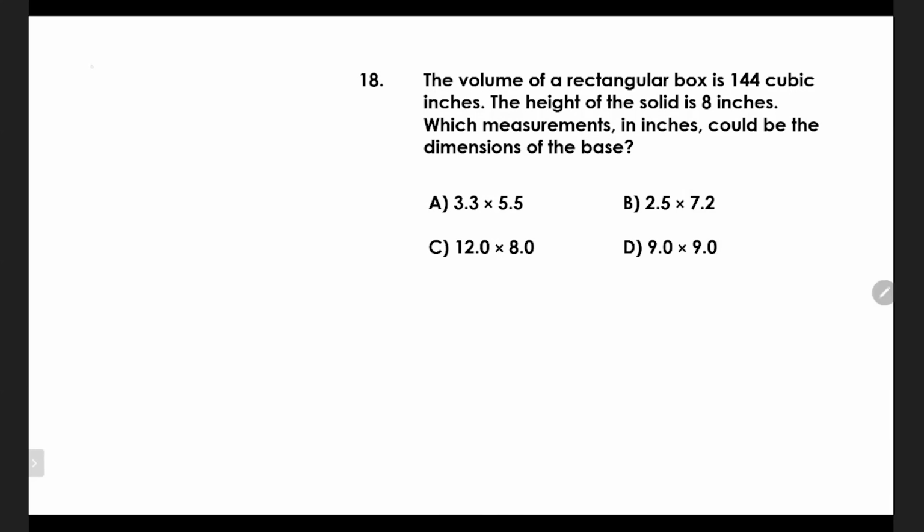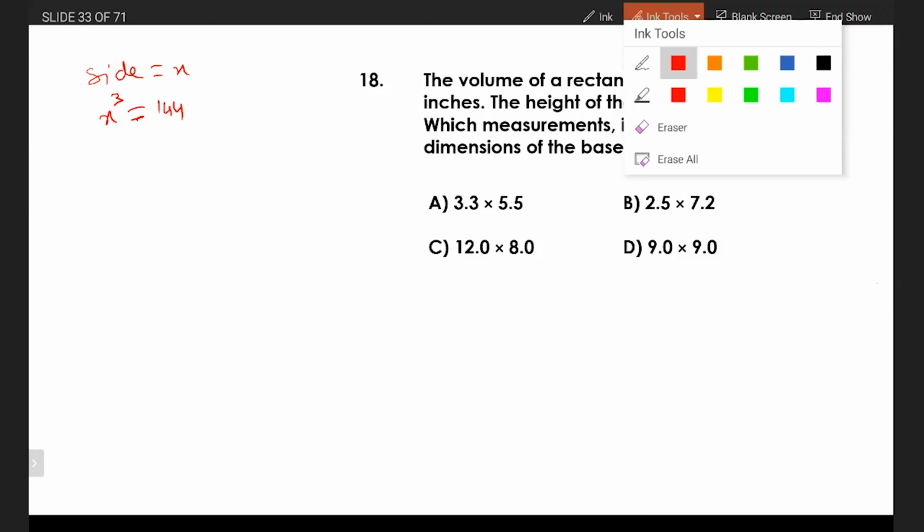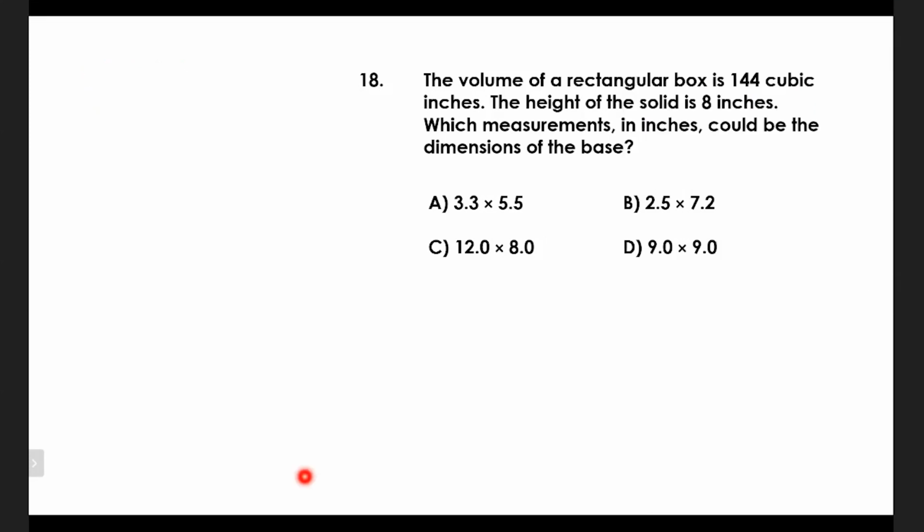The height of the solid is 8 inches. Which measurements in inches could be the dimensions of the base?